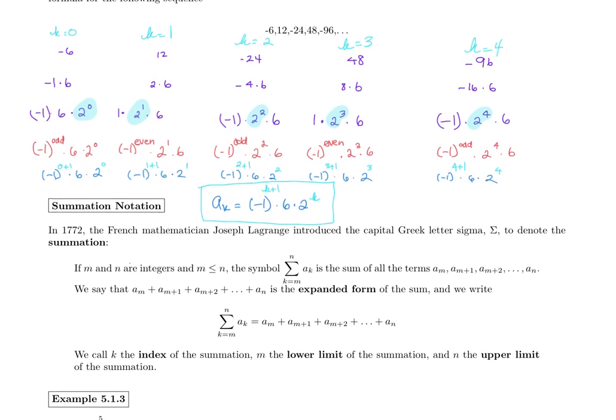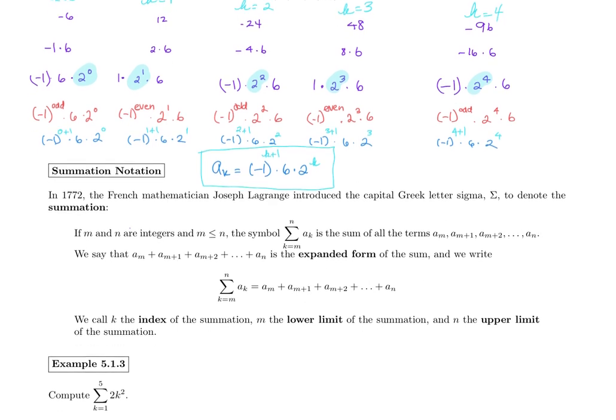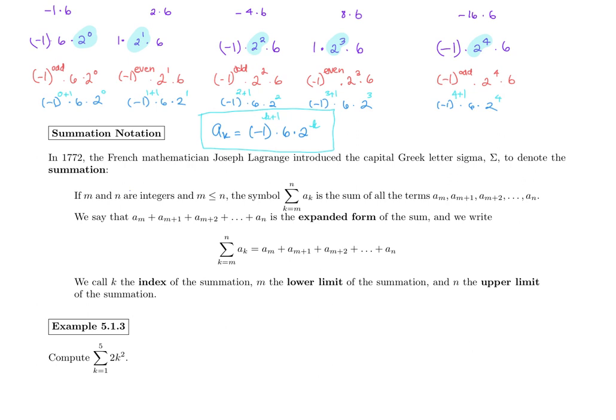So what if we wanted to add up all of the terms in our sequence? Well, that has a special name too. That's called a summation. And that's what we're looking at next. So this is a summation. In 1772, the French mathematician Joseph Lagrange introduced the capital Greek letter sigma to denote summation.